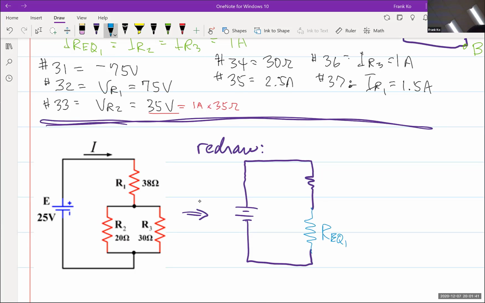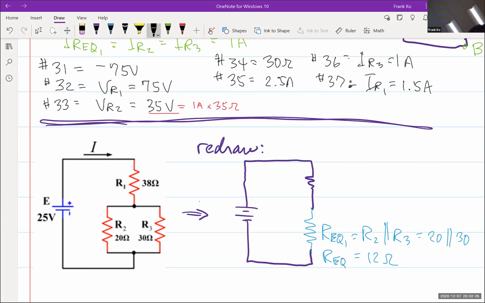And REQ number 1 is equal to R2 parallel with R3, which is equal to 20 parallel with 30. What do you calculate REQ1 to become? Yusuf, do you happen to have that number? Everybody calculate 20 parallel with 30. 12 ohms. That's my REQ number 1.